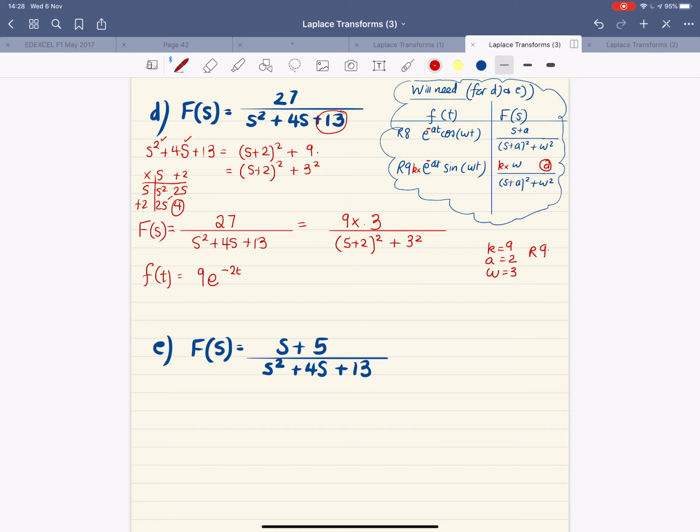And you don't have to memorise that. That's given on the formula sheet. And then it's sine of 3t. Okay, and I've already checked that one, so that one's right.